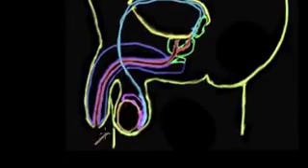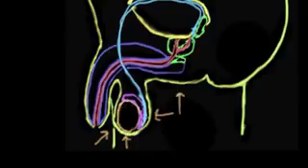I'm just pointing at it now. The way the scrotum regulates the temperature of the testes is by retracting upward toward the body if it gets a little bit cold, so they can stay warmer closer to the body, or by descending a little bit if it gets a little bit warm.